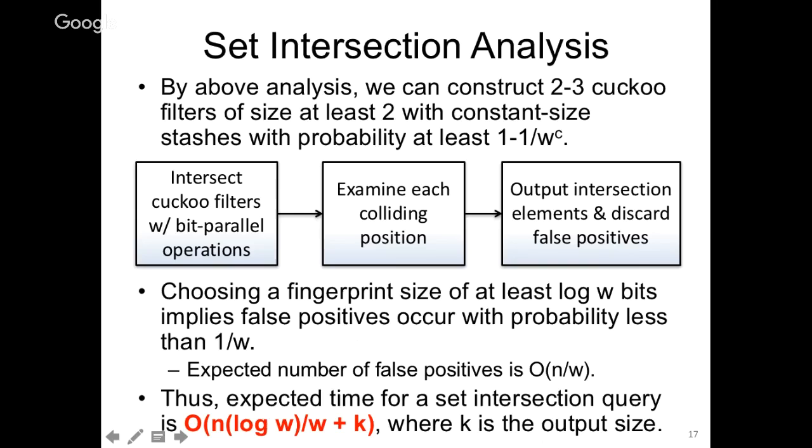And it wasn't an accident that we chose these fingerprints to have size log W bits, because if you have log W bits chosen at random, then false positives are going to occur with probability less than 1 over W. And so the expected number of false positives is N over W, which is dominated by the running time it took just to scan through all these words, do the bit parallel operations, and then extract out all the places where matches occurred. So the false positives get washed away by this term, and then you have this K term where you're characterizing the number of actual intersections that you output.